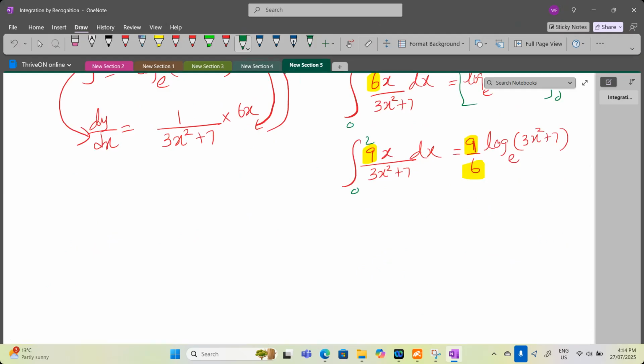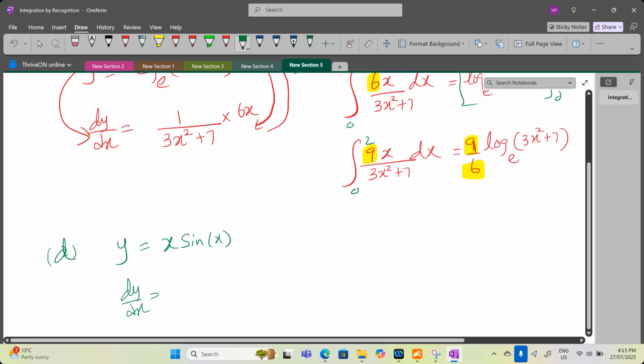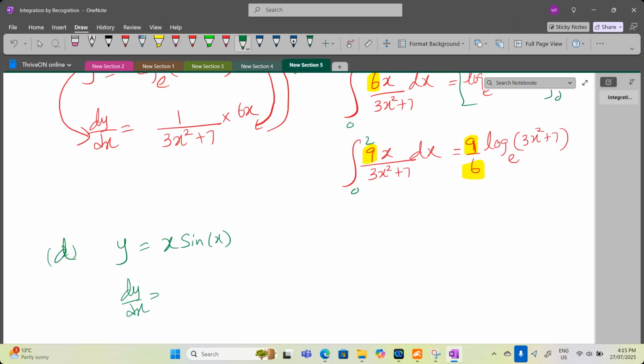So if you differentiate y equals x sin x, the derivative is, using the product rule, 1 times sin x plus x times the derivative of sin x, which is cos x.